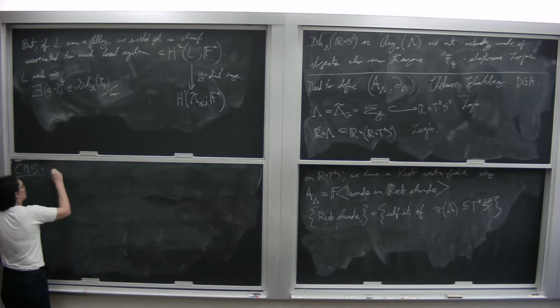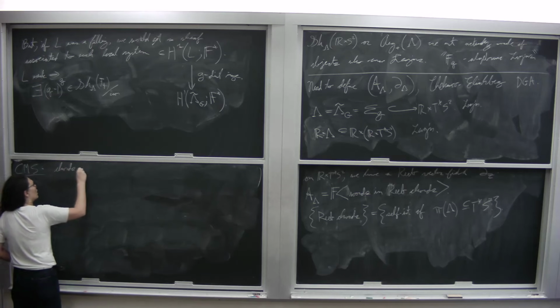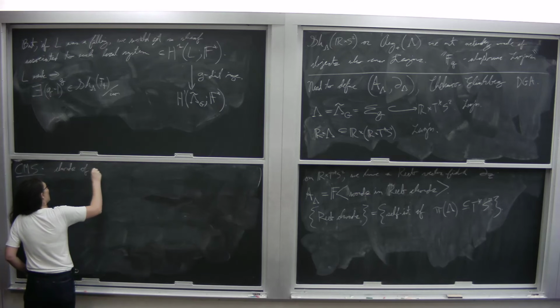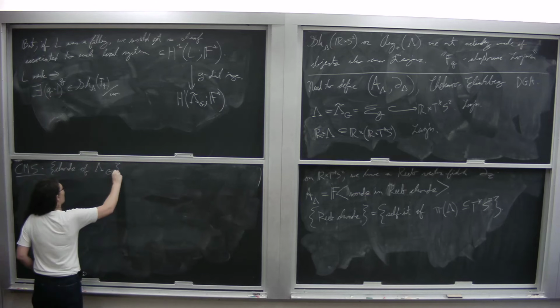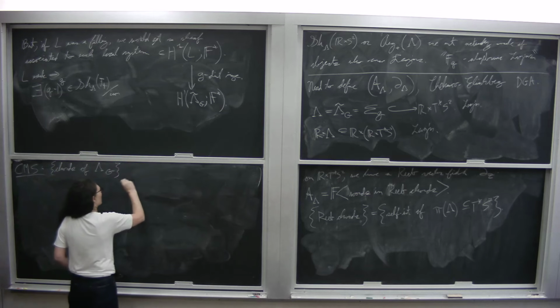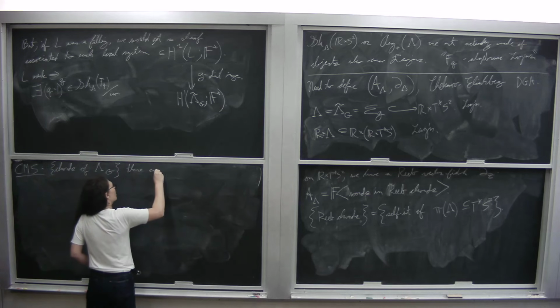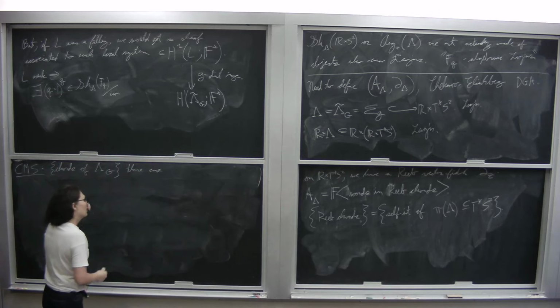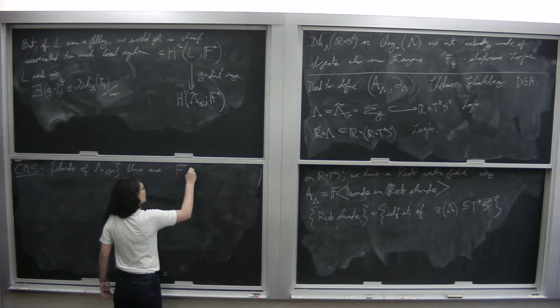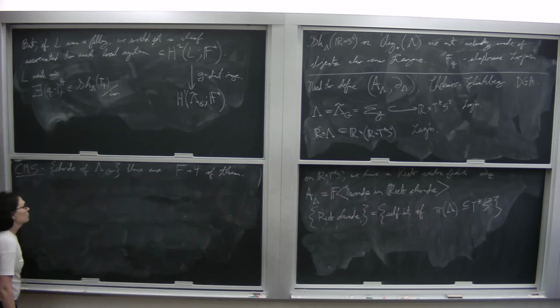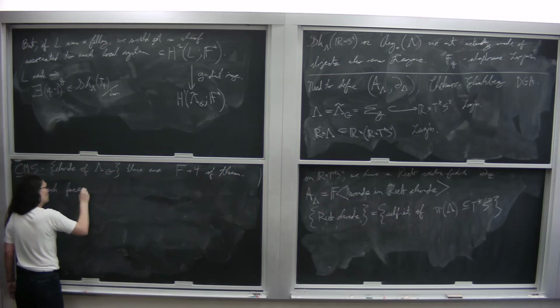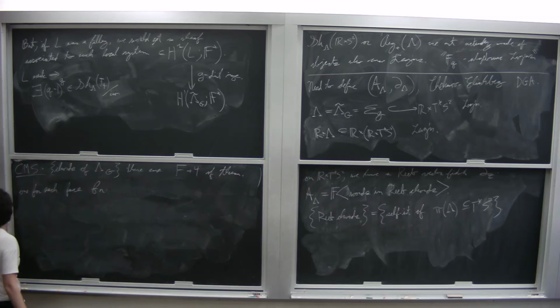So the chords of lambda g there are, I'll say, f plus 4 of them. And maybe most importantly, there's one for each face, Fn.